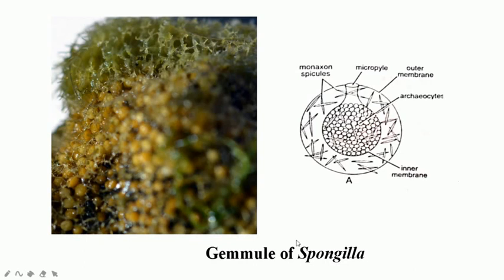Spongilla, unlike Euspongia, is a freshwater sponge or freshwater poriferan. So it will be found in ponds, lakes, and rivers. Wherever there is fresh water, it can be found easily. But it will not be found in the marine environment. In oceans or seas, you will not find these.